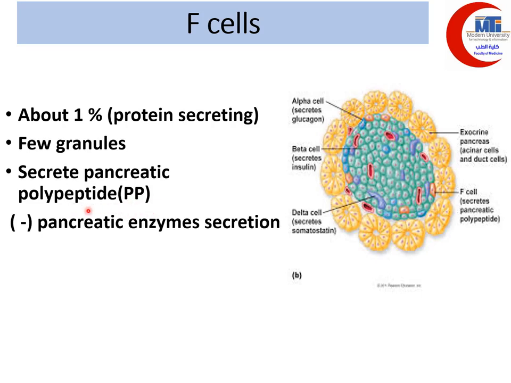This pancreatic polypeptide lowers the pancreatic enzyme secretion from the exocrine part. So these cells control the secretion of the exocrine part, as they secrete PP, or pancreatic polypeptide, which inhibits or reduces the secretion of pancreatic enzymes.